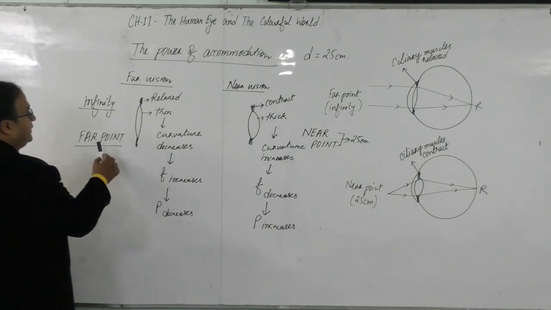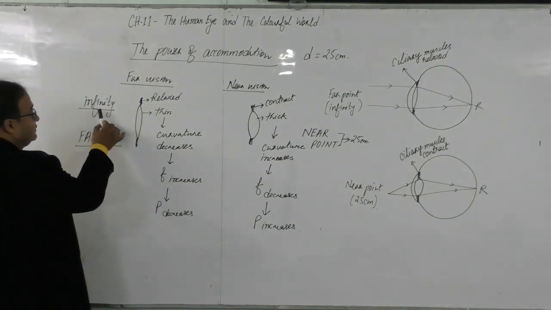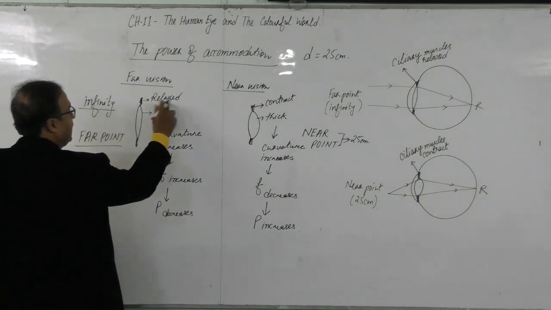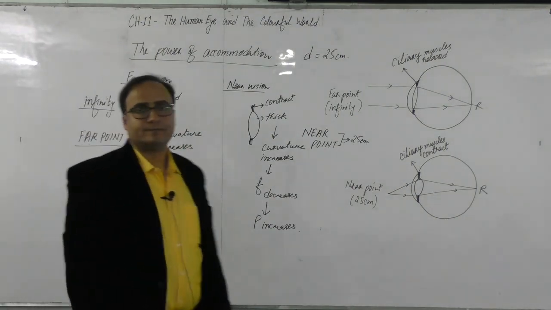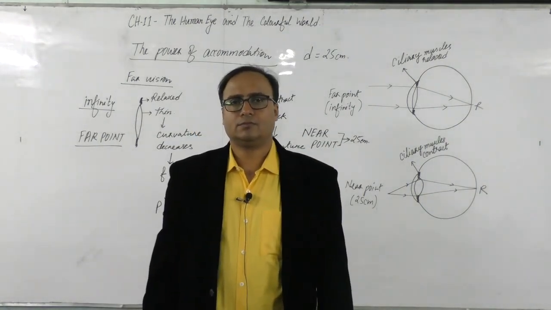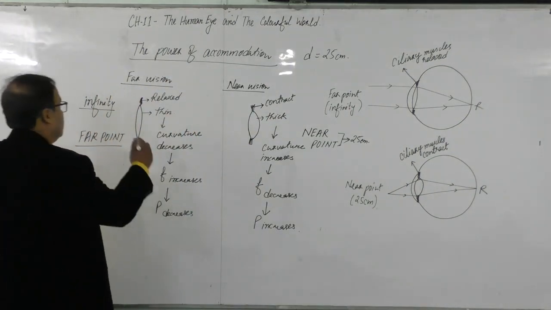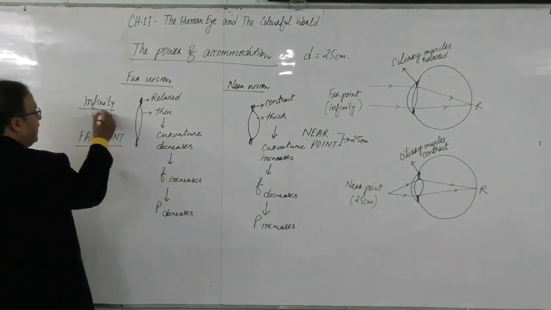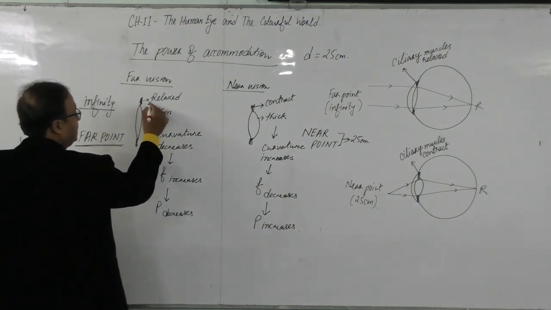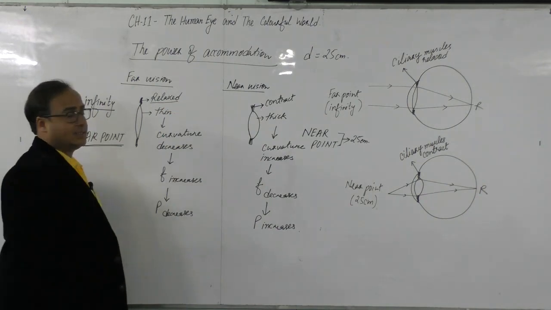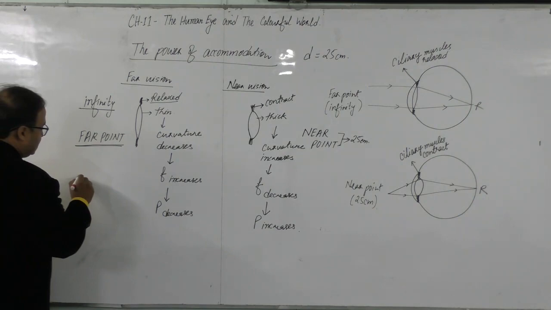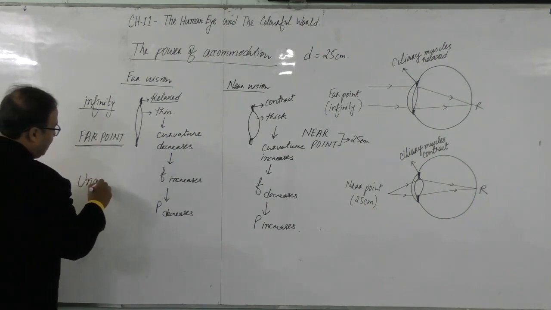When we are observing the far point, that is an object at infinity, the ciliary muscles of the eye are in relaxed state. At this position, the eye is said to be unaccommodated.